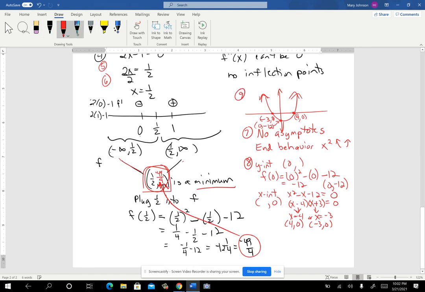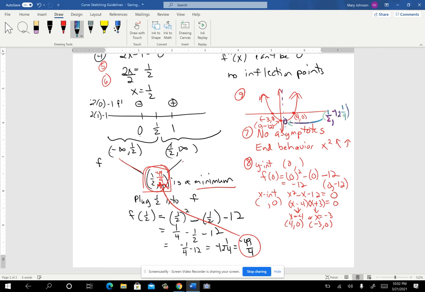And then the vertex, the lowest point, happens over here at x = 1/2. So right here you're going to have an axis of symmetry. And that point right there is going to be the point with x = 1/2 and y = -12 1/4. So it's going to go a little below negative 12, but just barely. And that's all the important features of the graph.